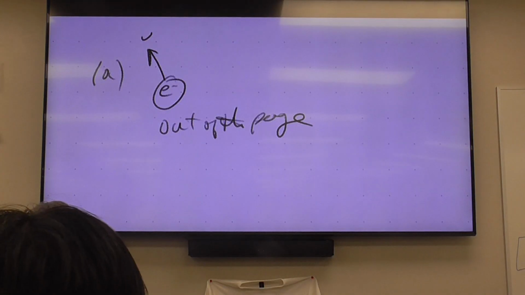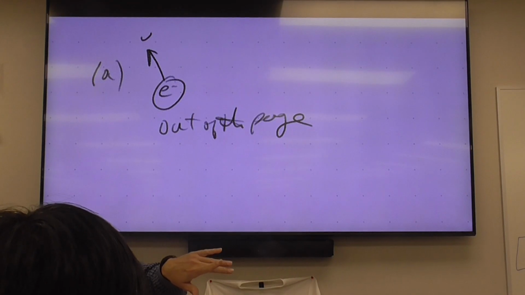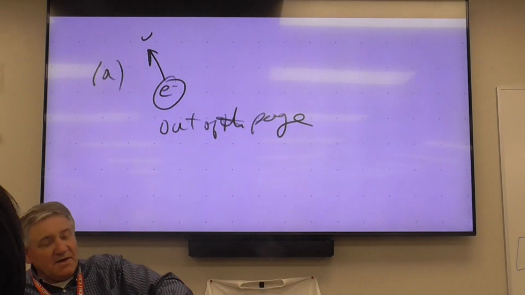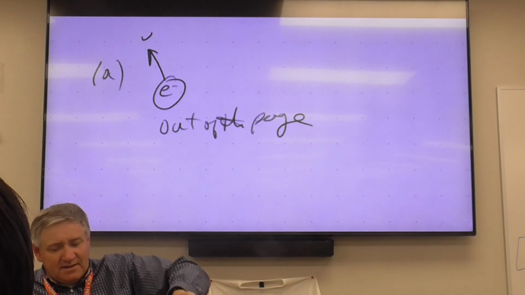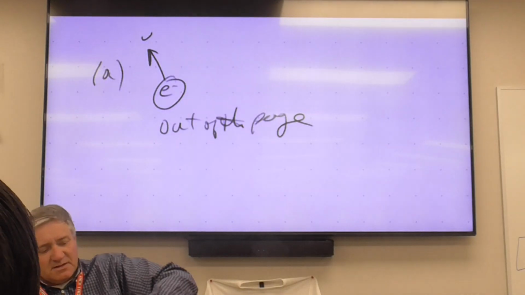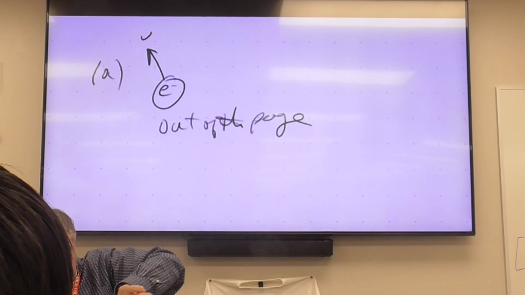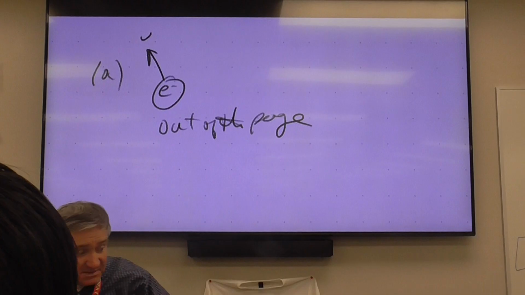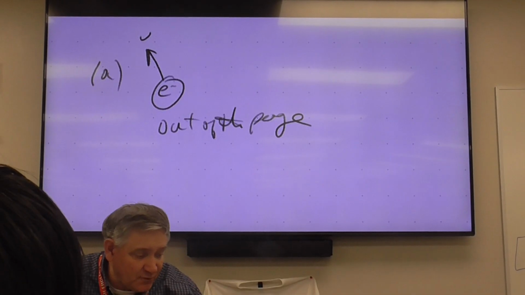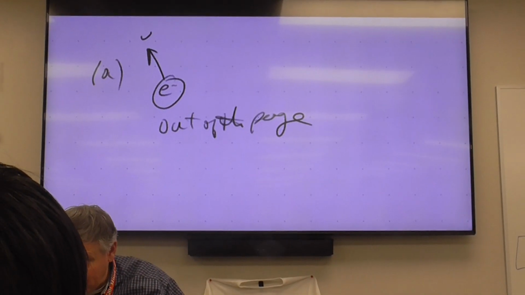That's going to be pointing this way. Now, you have to do a little bit of wonky stuff with this. So that's going like this. Because it's an electron, and the force is coming out of the page.